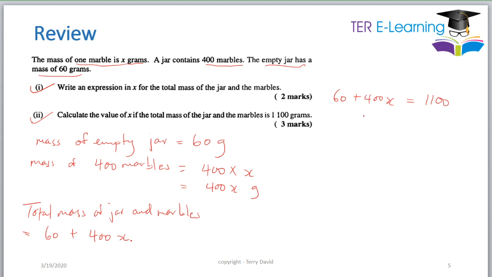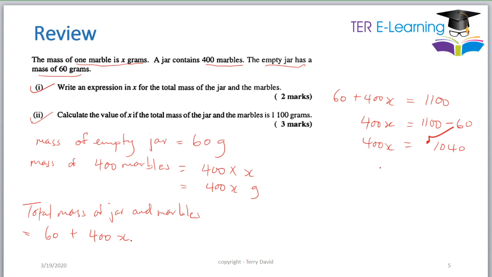So we want to get x equals something. We'll leave the 400x on the left hand side and we'll carry the 60 to the right hand side. So this is 1100 minus 60. Therefore 400x is equal to 1100 minus 60, and that will give us 1040.